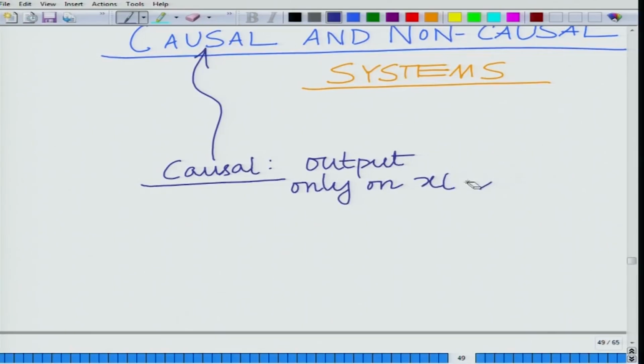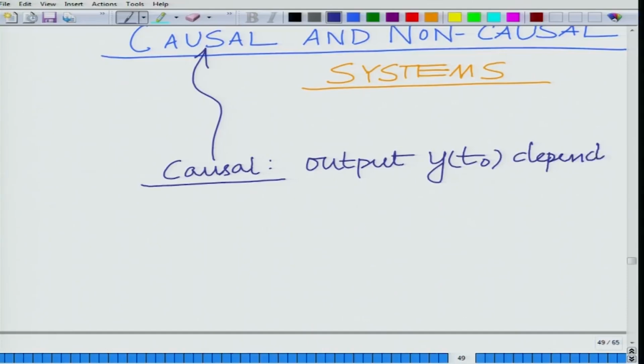That is, the output depends only on past values of x(t), and does not depend on future values of x(t).